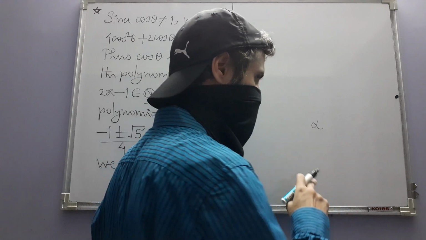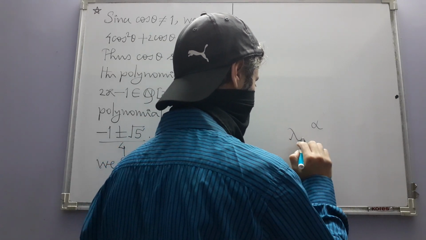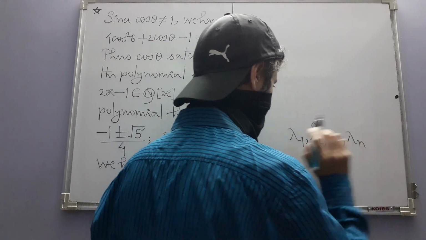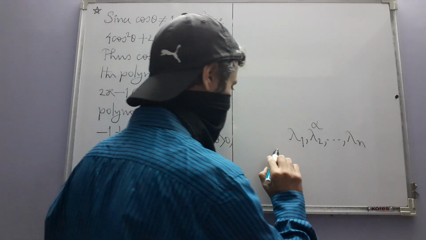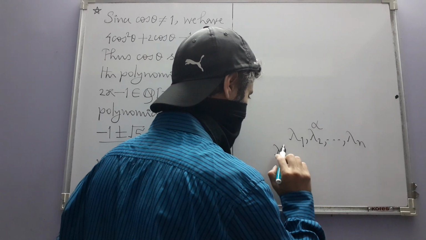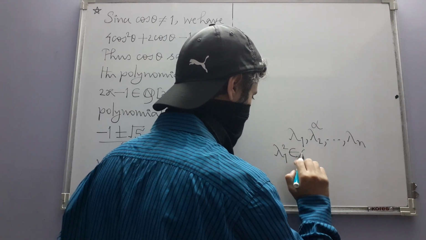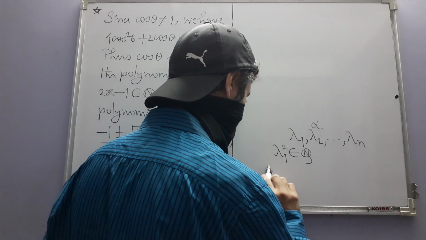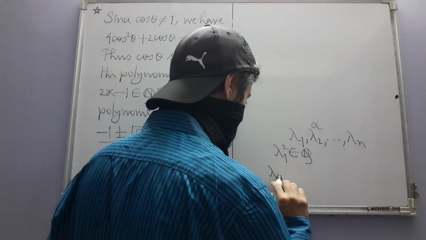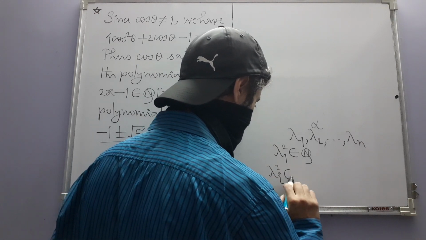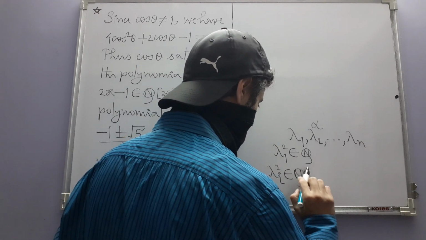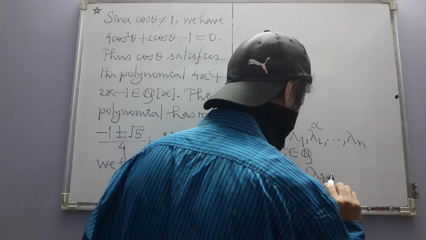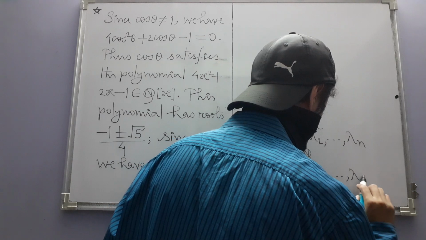Alpha is constructible if and only if you can find real numbers lambda i such that lambda 1 square belongs to the field of rational numbers, and lambda i square belongs to the extension of Q obtained by adjoining the previous lambdas.